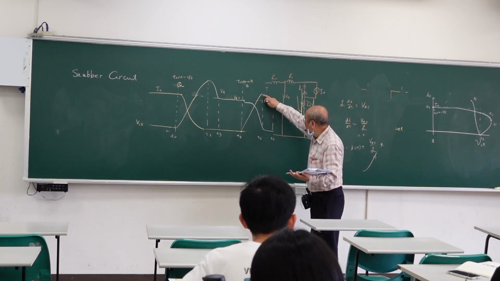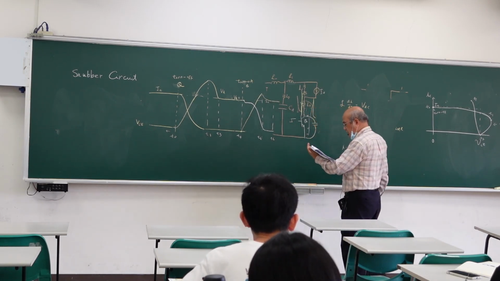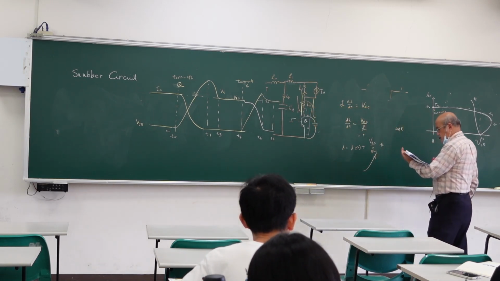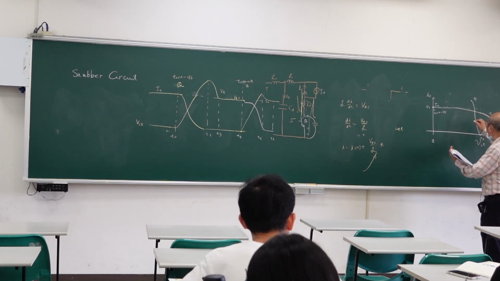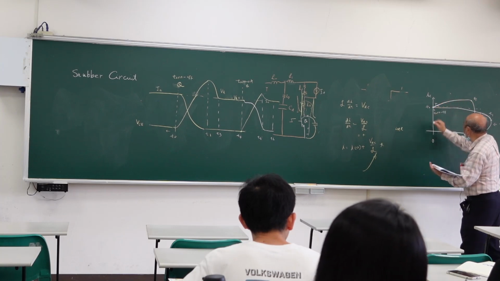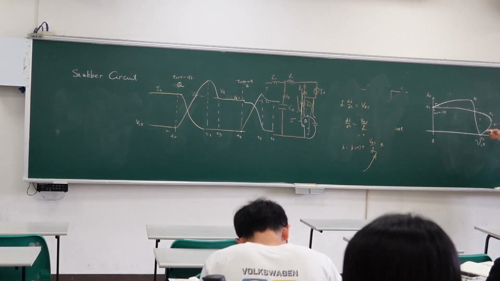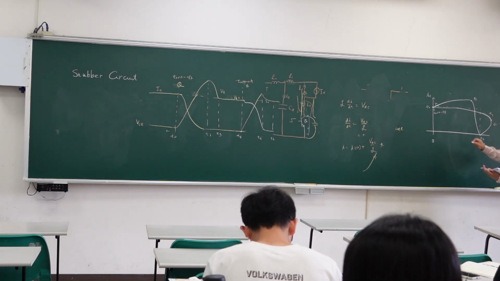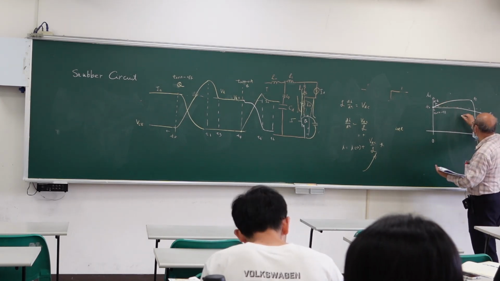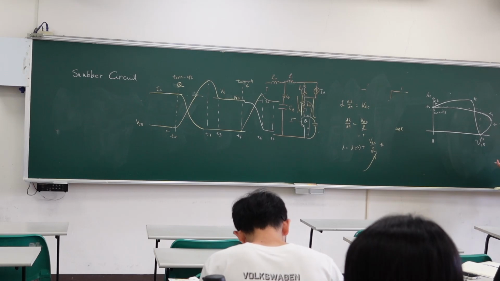Your current decreases to steady state, so it goes to IC. So this is T6. This is T5. So we have a trajectory.